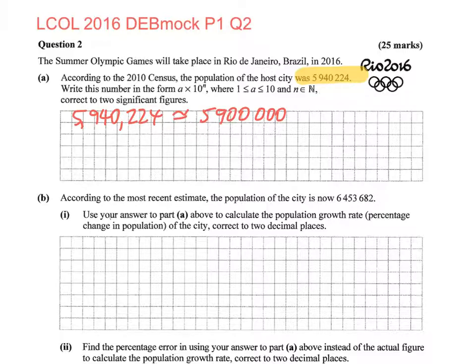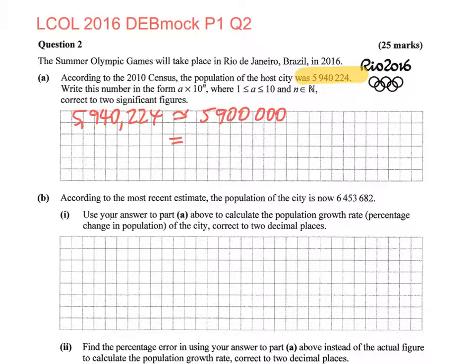So, as a number, two significant figures, this population is 5,900,000. Now I want to write it in this format, so you just need to learn how to do scientific notation. If you imagine the decimal point after the first significant digit, we'd have 5.9.